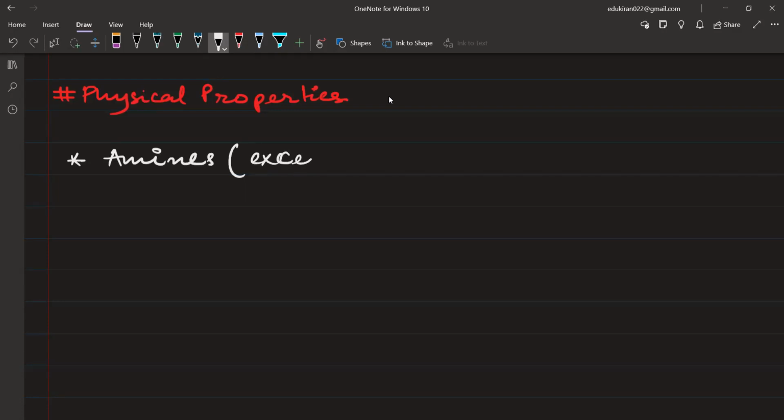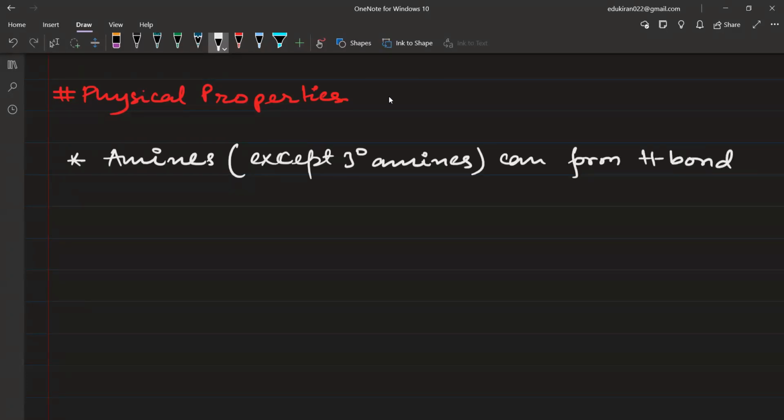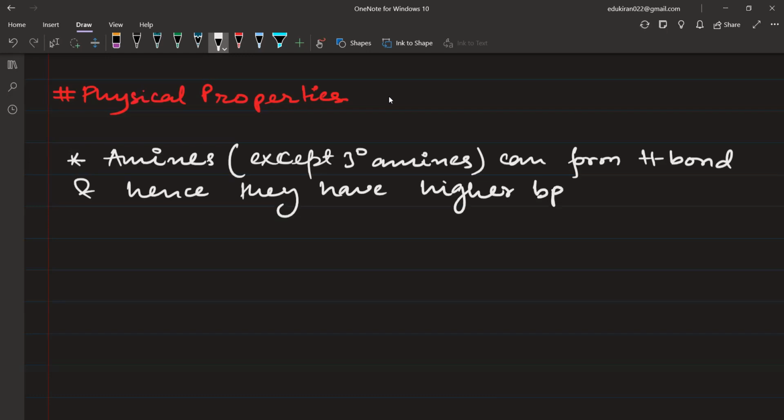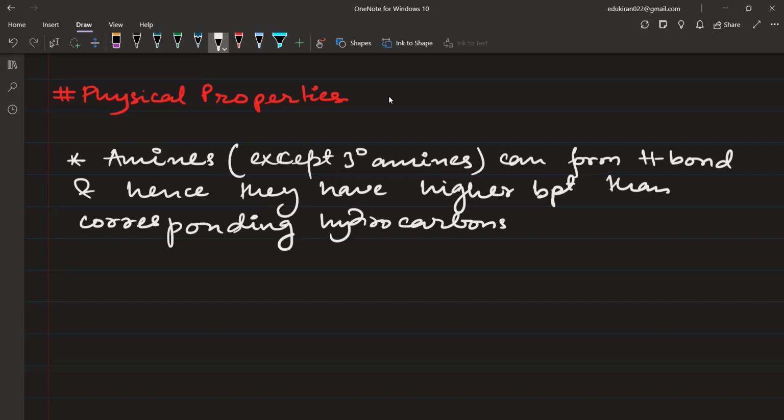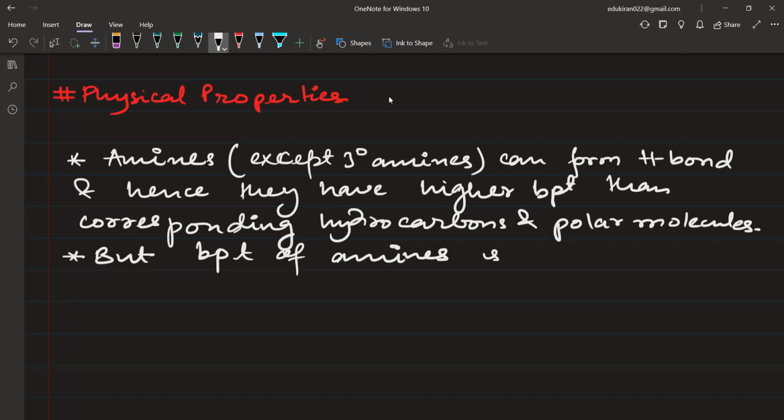Amines except 3-degree amines, that is, 1 and 2-degree amines both, can form hydrogen bond, and hence they have higher boiling point than corresponding hydrocarbons and polar molecules. But the boiling point of amines is lower than that of alcohol.